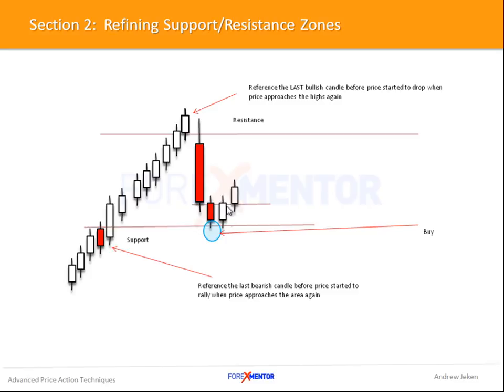Once again, once price starts to release, we want to reference the last bearish candle before price started to rally when price approaches the level again. So you see how we've referenced this bearish candle right here, drawn a horizontal level or line across that area, and what we're looking for is price to come back and tag this candle right here.